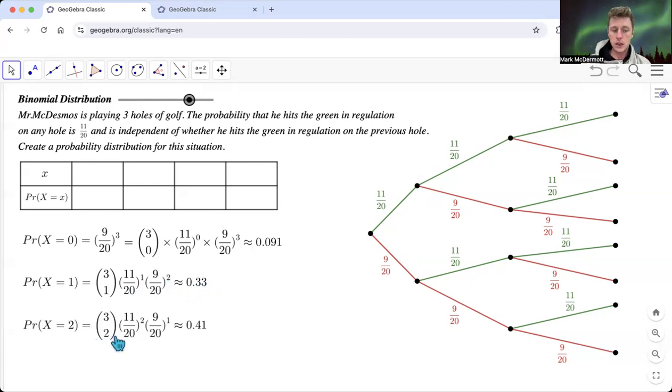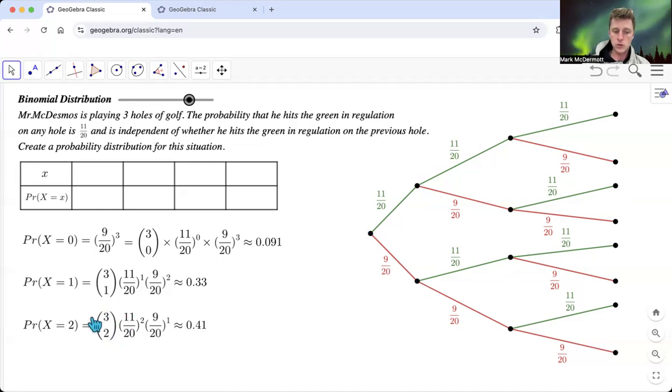Okay, we play a similar game with the next one. Now we're saying, all right, we want two successes. So you go success, success, failure. That would be two successes out of three holes. Or we could have gone success, failure, success. And the other option would be failure, success, success.